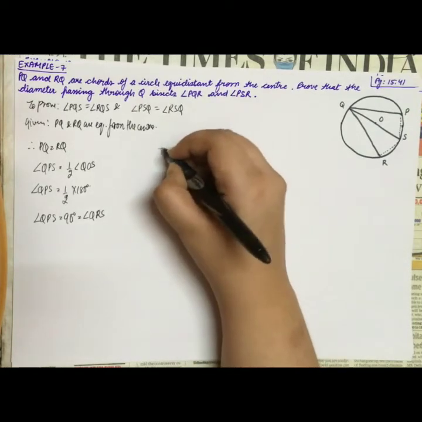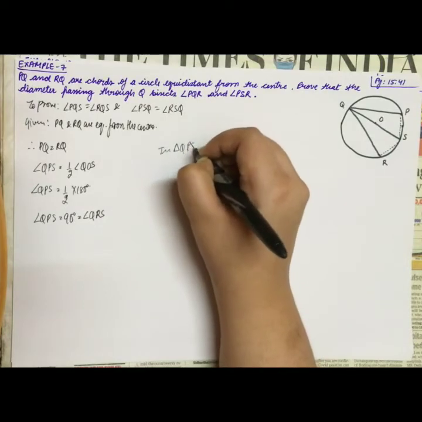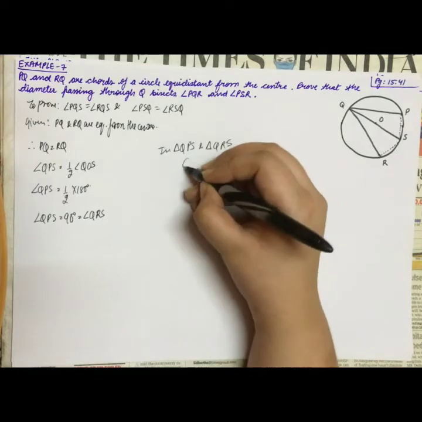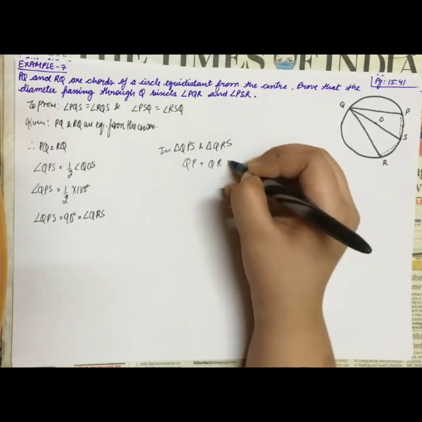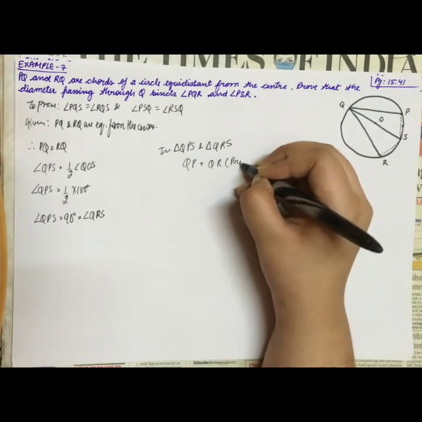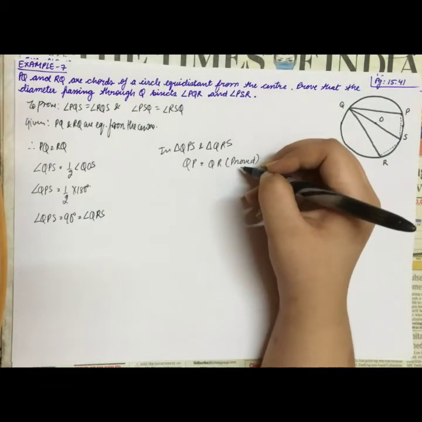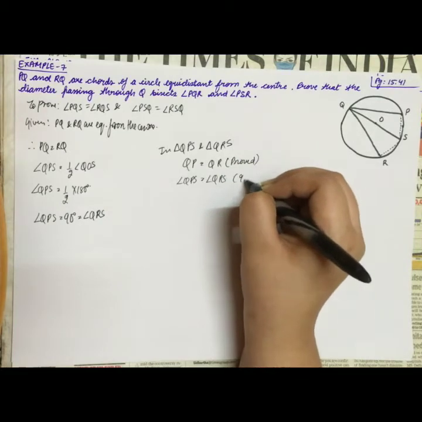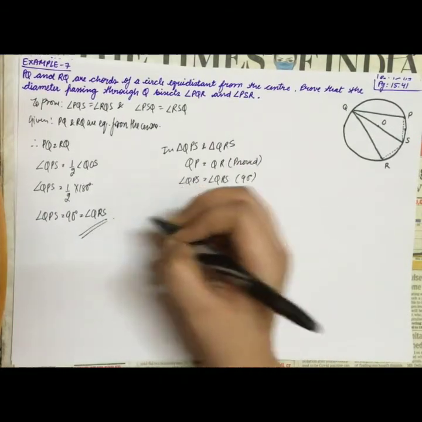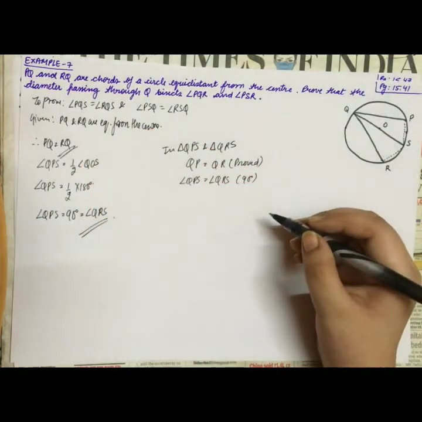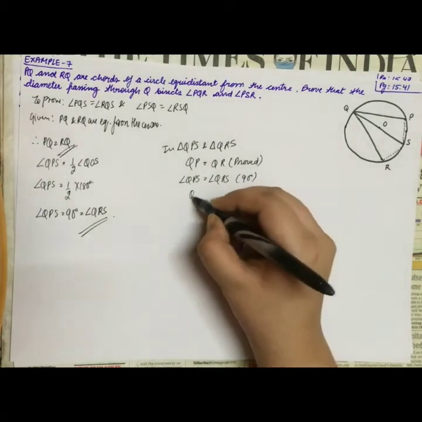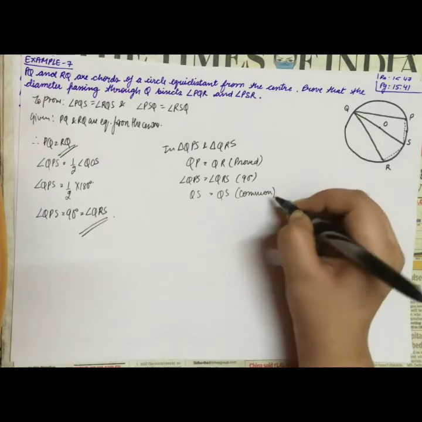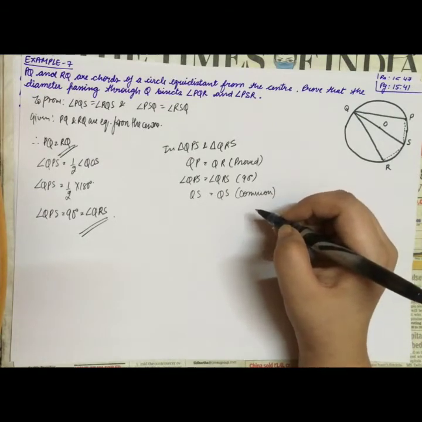Now in triangle QPS and triangle QRS, QP is equal to QR, as it is given. Angle QPS is equal to angle QRS, as they both are 90 degrees, which we have also proved. Now QS is equal to QS because it is common in both the triangles.